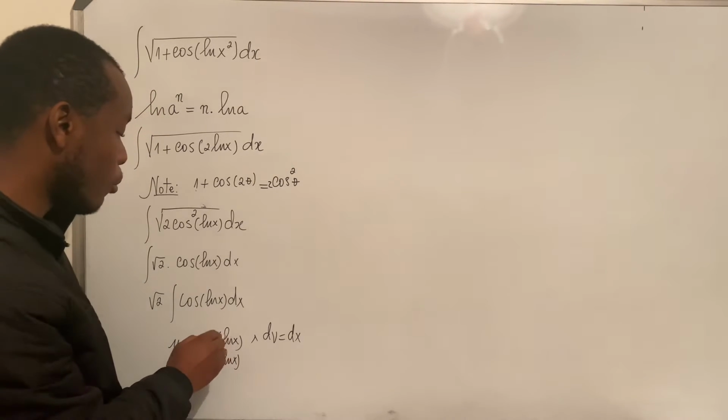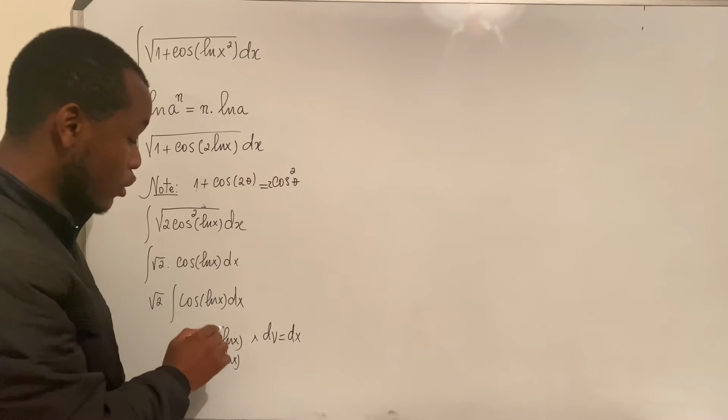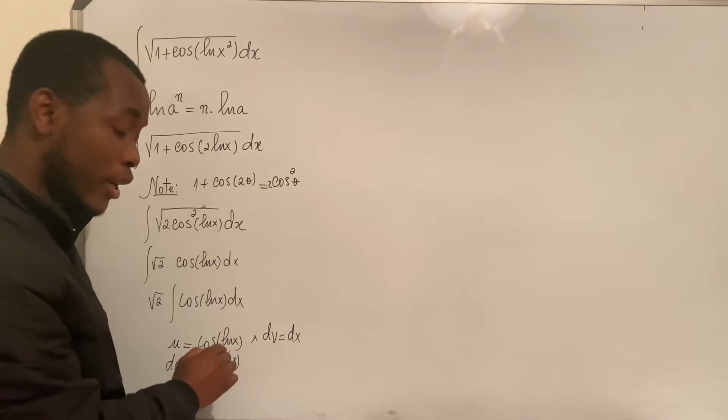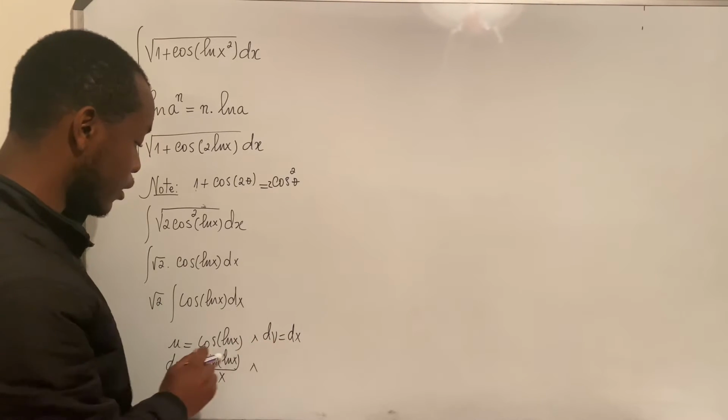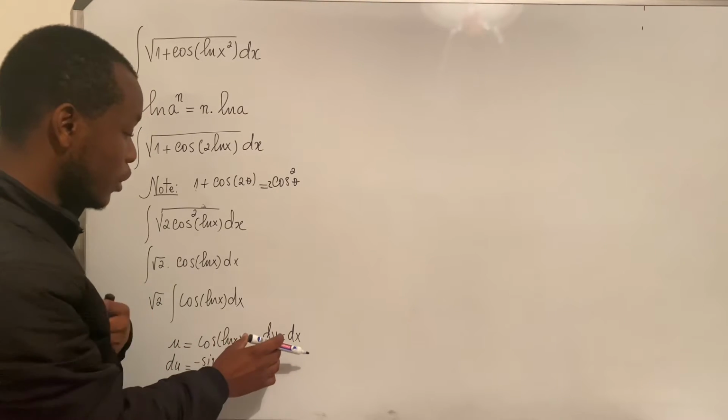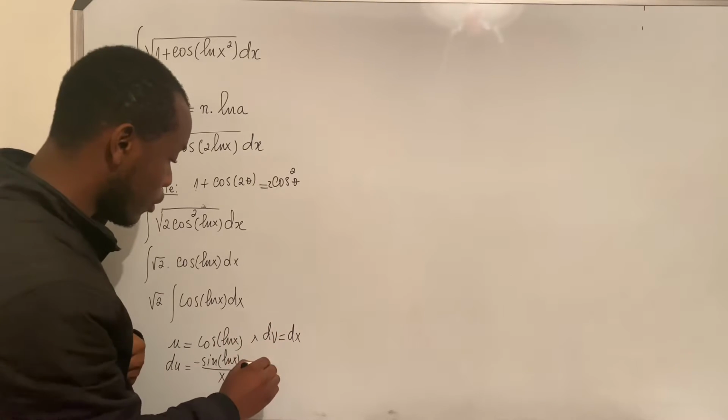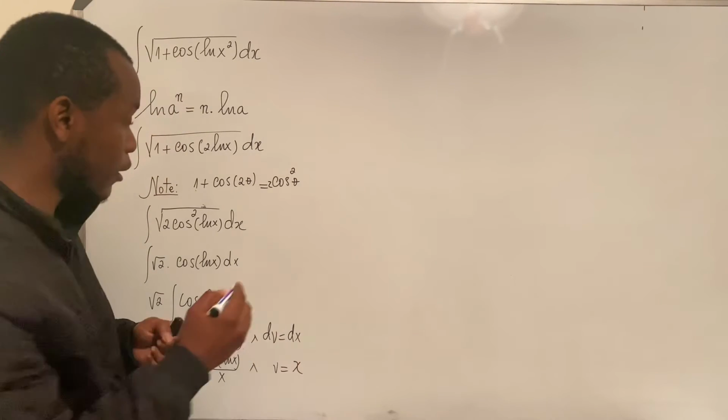And since it's a composite function, we multiply by the derivative of the argument ln x, which is 1 over x. And since we differentiate on the left side, we integrate on the right side, so v is equal to x.